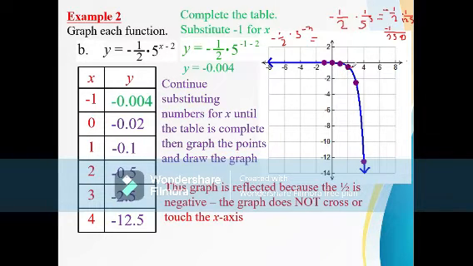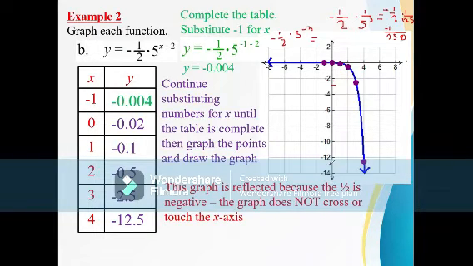If x is 3, between 2 and 3, y is negative 2.5. Negative 2.5 is in between, because there's 3 here. So that's why it's in between. If x is equal to 4, y is negative 12.5.